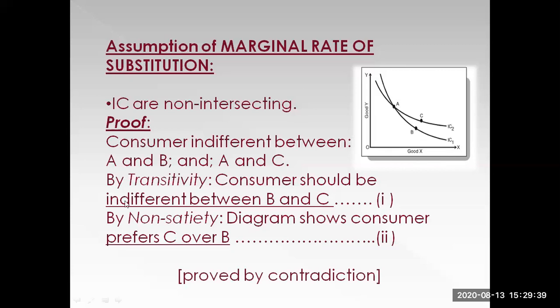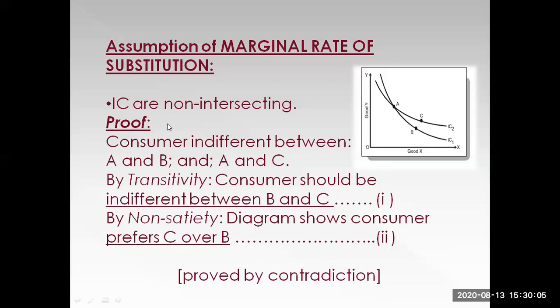What I did here is I made an assumption that I can be indifferent between A and B and A and C. And what I find by the property of transitivity is that I should be indifferent between B and C. But what I find from the property of non-satiety is, by the diagram, I should prefer C over B. So these two conditions contradict each other. Hence, I've proved this using contradiction.